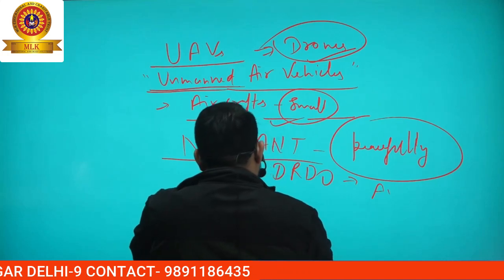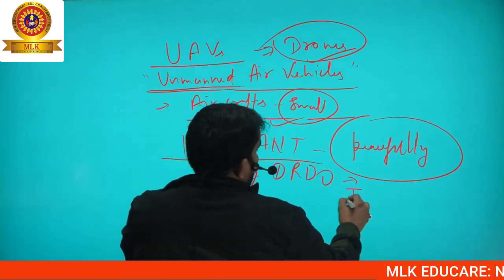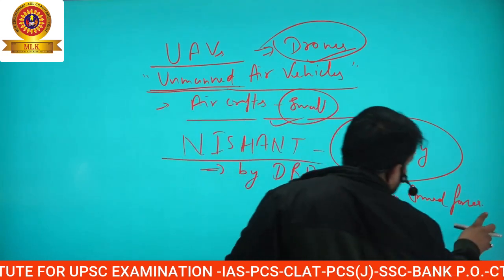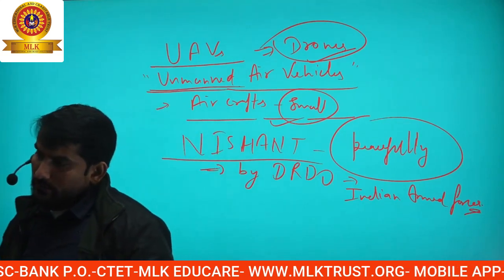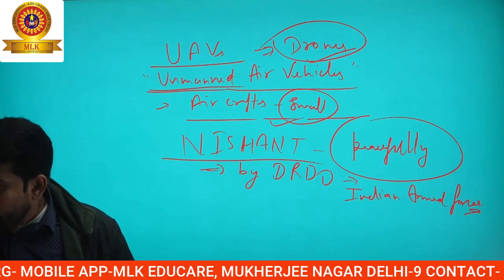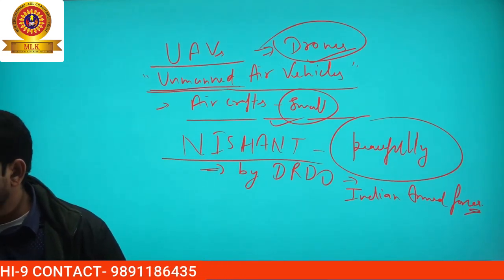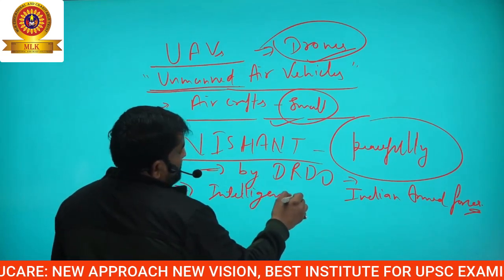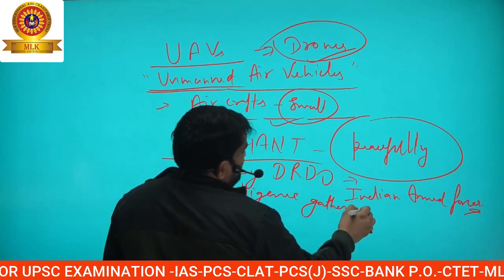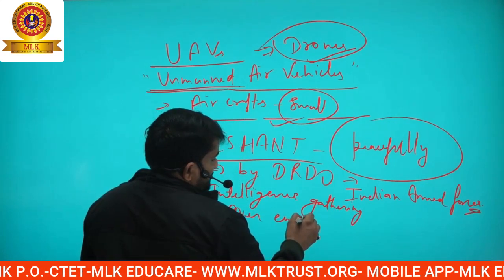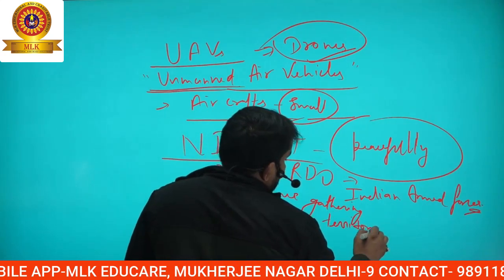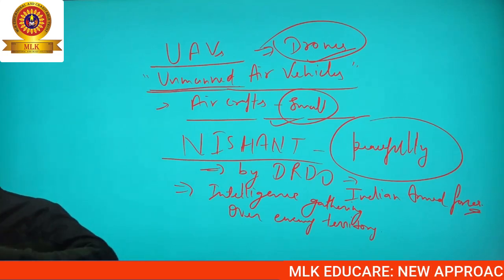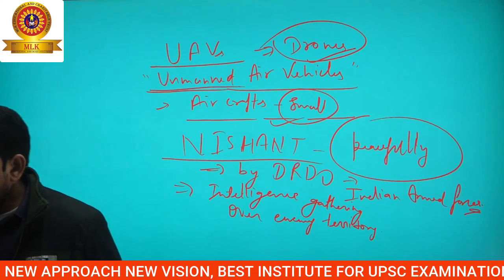If we talk about how it looks, it just looks like a small aircraft, and it is used for intelligence gathering over enemy territory, and also for reconnaissance, training, surveillance, target destination, artillery fire correction, damage assessment, etc.